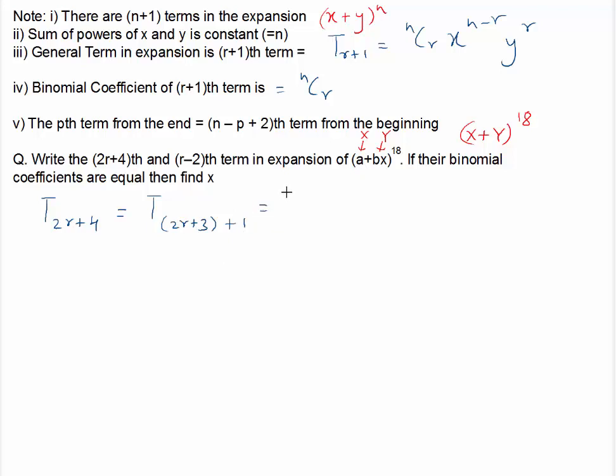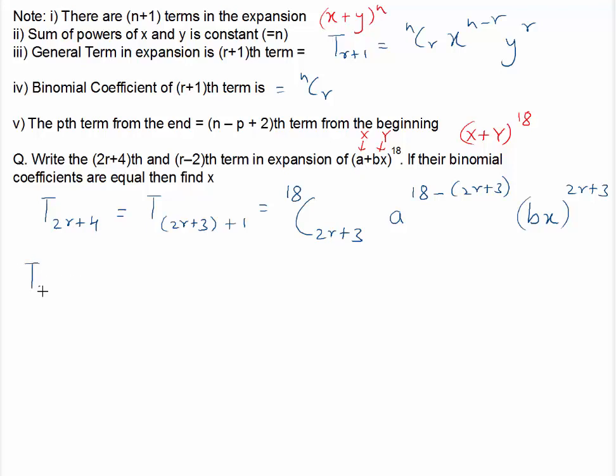So this would be equal to 18 C (2r plus 3), then a to the power n minus r, multiplied by y to the power r, where y in this case is bx, so (bx) to the power 2r plus 3. So this is the 2r plus 4th term.